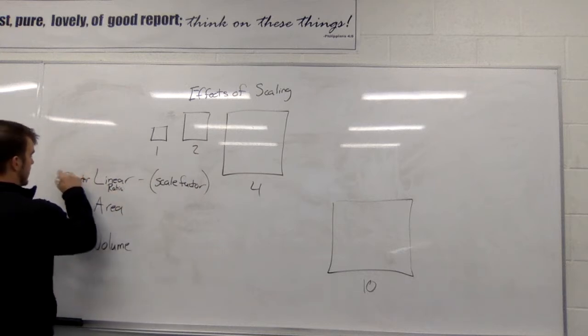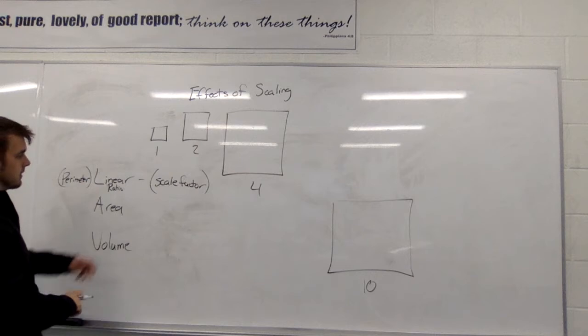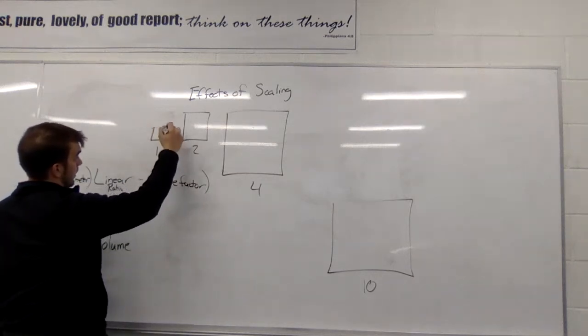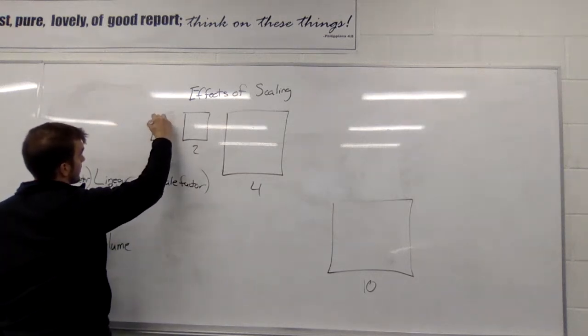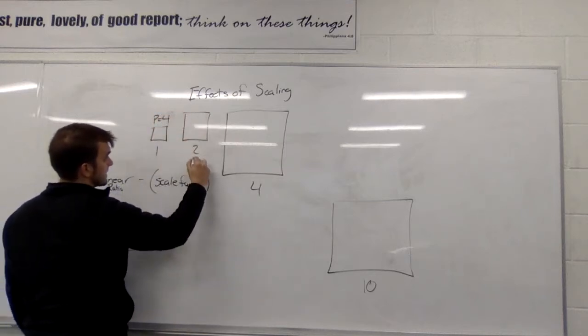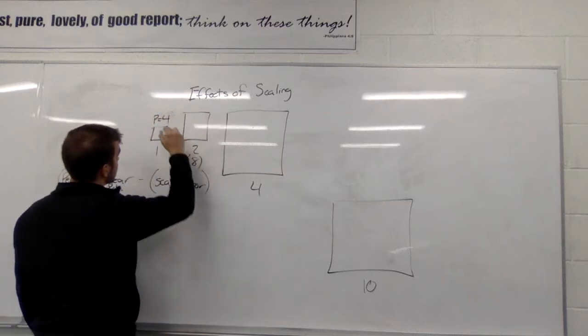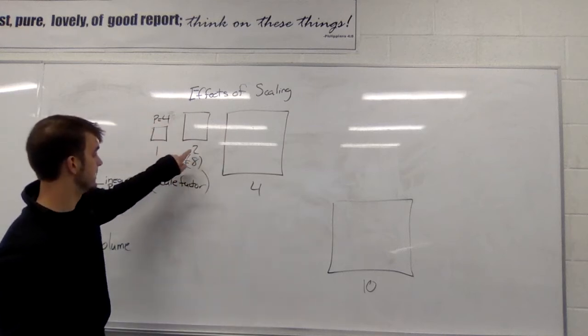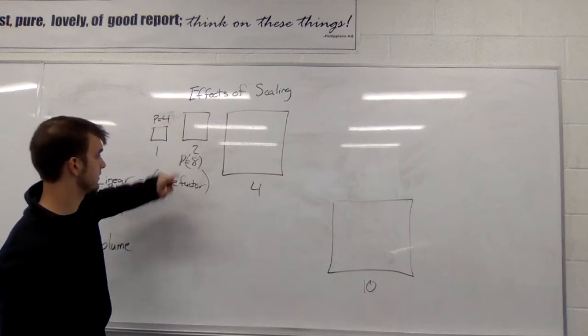The other thing is going to change. So, for example, this one, your perimeter is 1, 1, 1, 1. That's 4. Your perimeter is equal to 4. For this one, 2, 4, 6, 8 is your perimeter. So 1 times 2 equals 2. 4 times 2 equals 8.